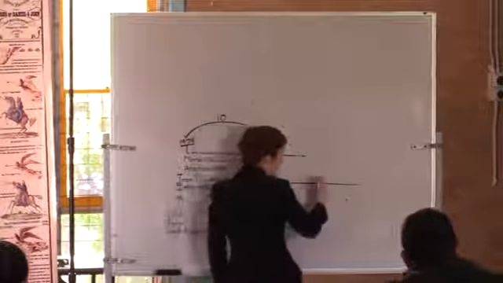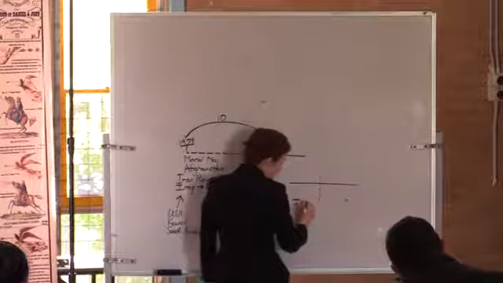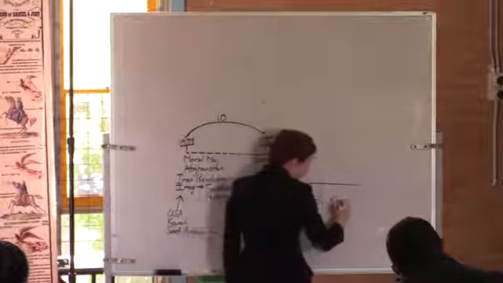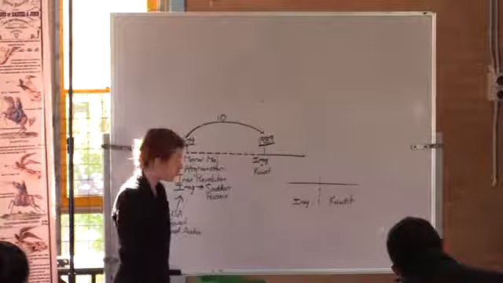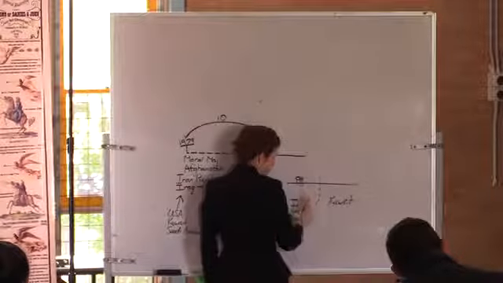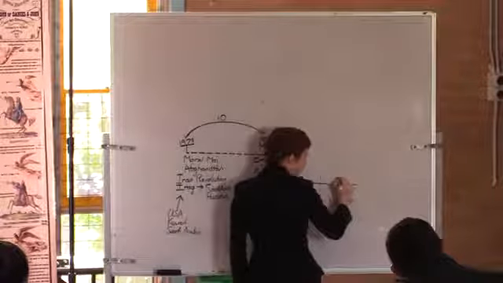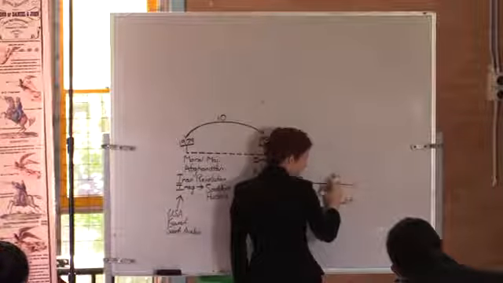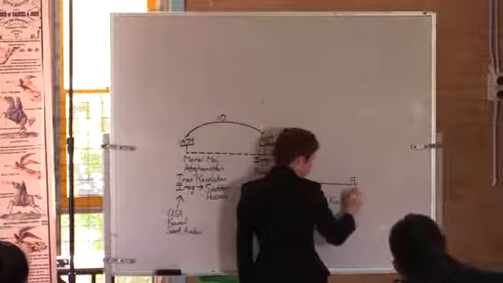Another issue Iraq highlighted. If this is the border, and this is Iraq and Kuwait, they accused Kuwait of something called slant drilling. So this is an oil field in Iraq, and there's some oil, and here's an oil field in Kuwait. They'll have their own oil fields.